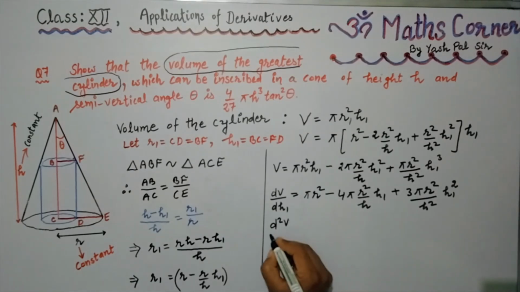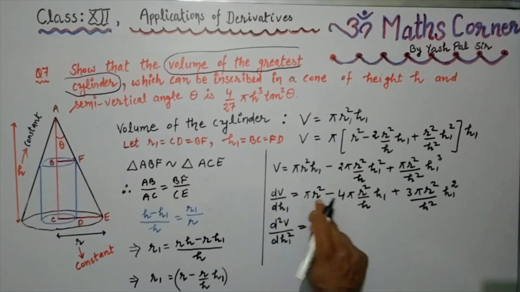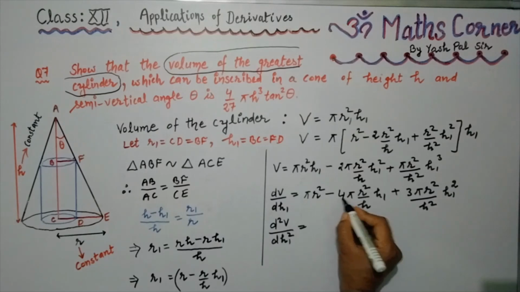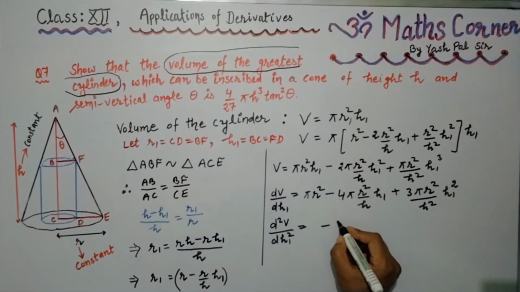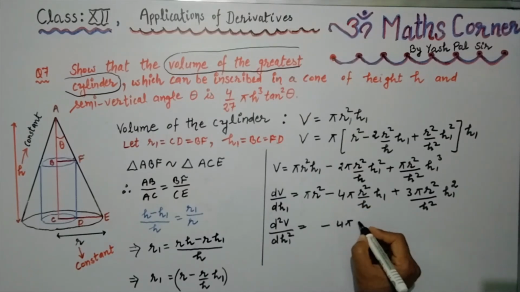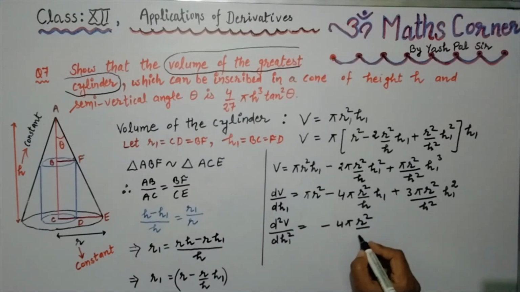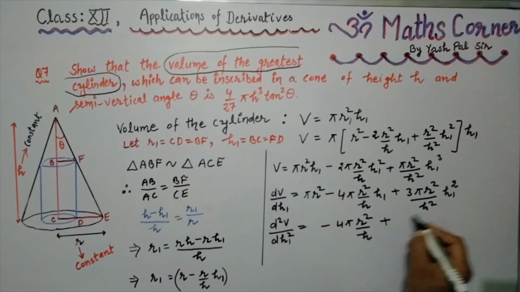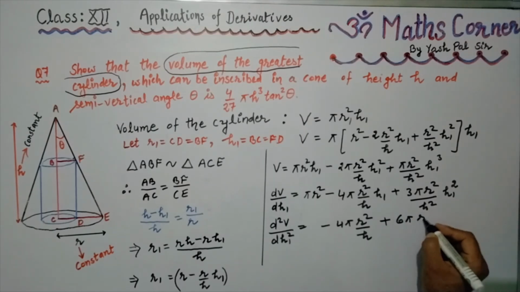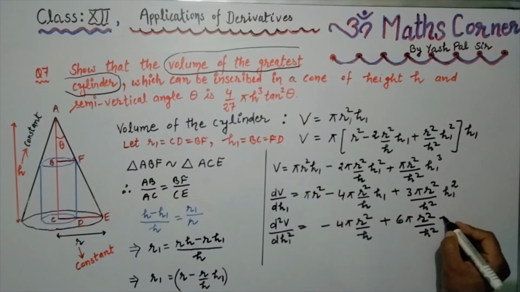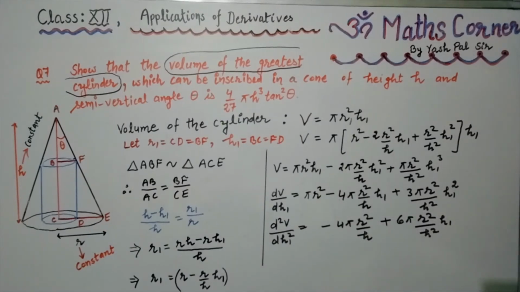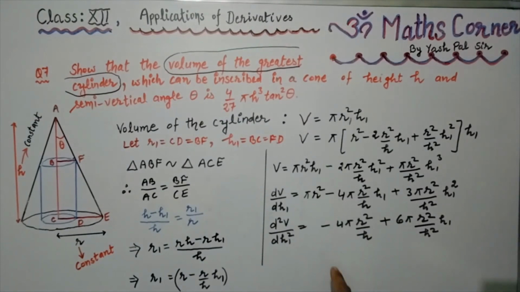Again differentiating with respect to H1, we have d square V divided by d H1 square is equal to, this is purely constant so 0, this becomes minus 4 pi R square upon H plus 3 into 2, 6 pi R square upon H square into H1.